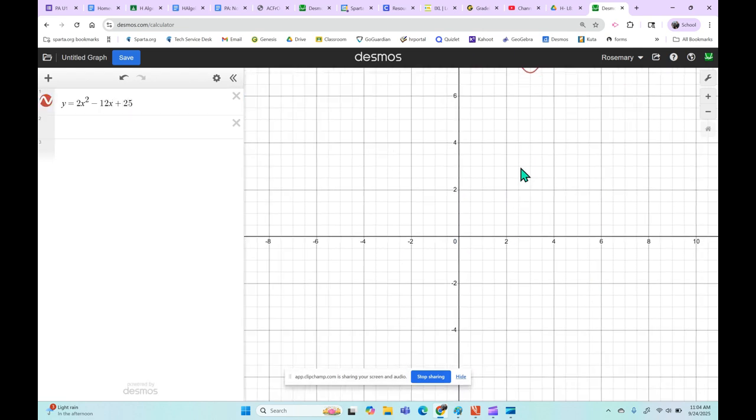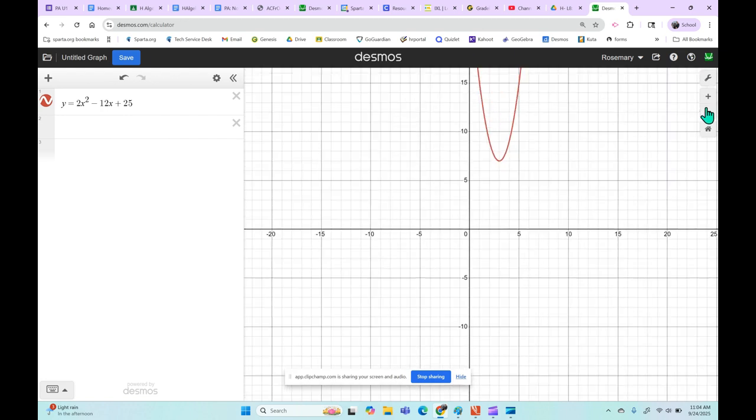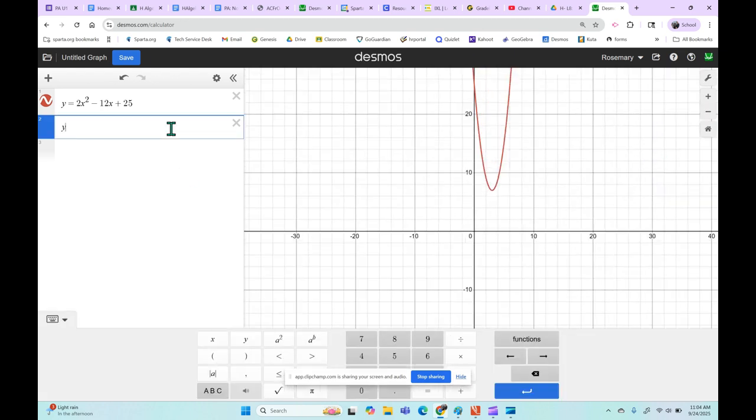And then I'm going to zoom out a little bit so you can see it. Graph my completed square form. And I can see they're the same graph.